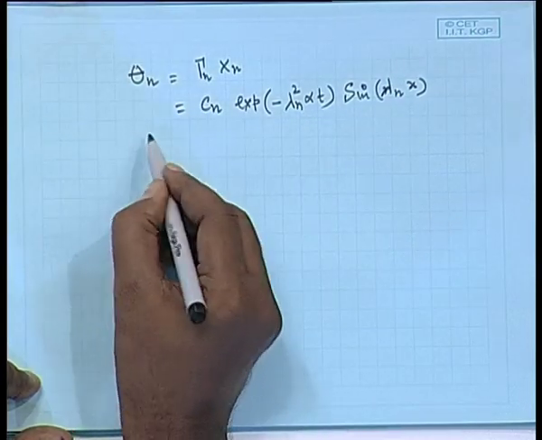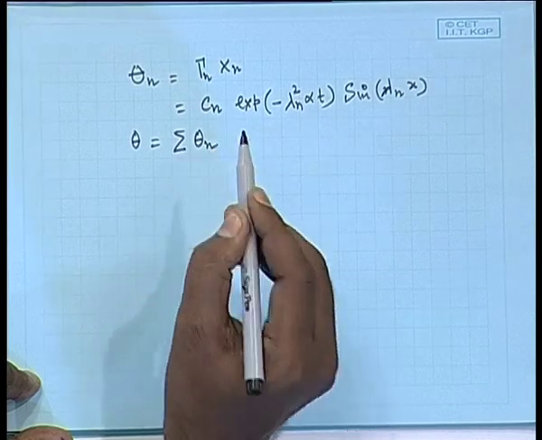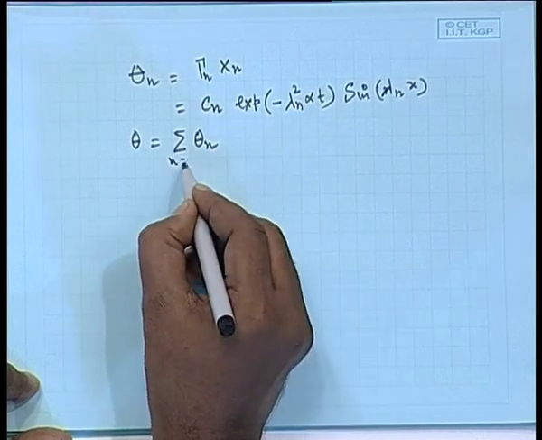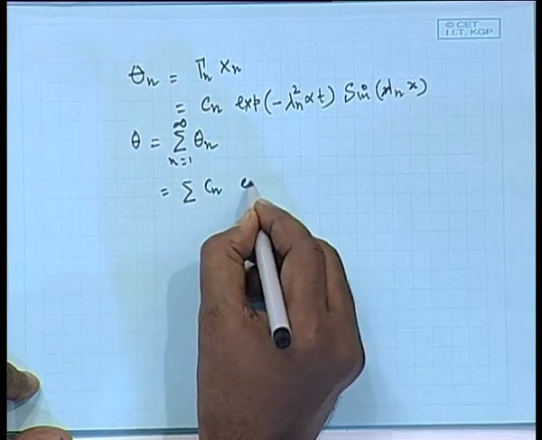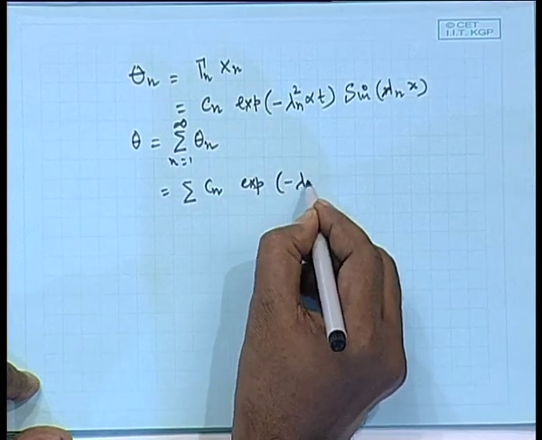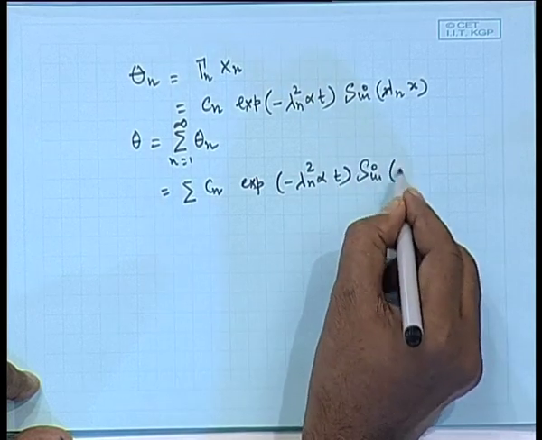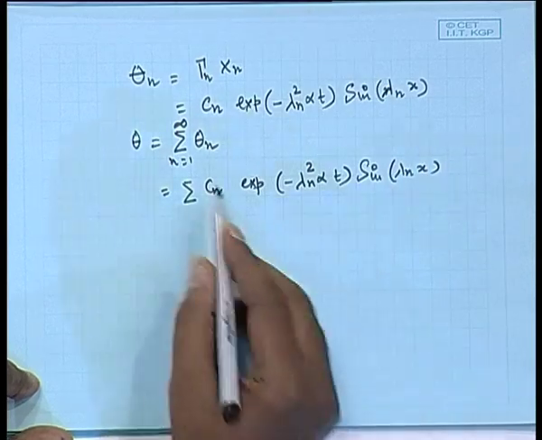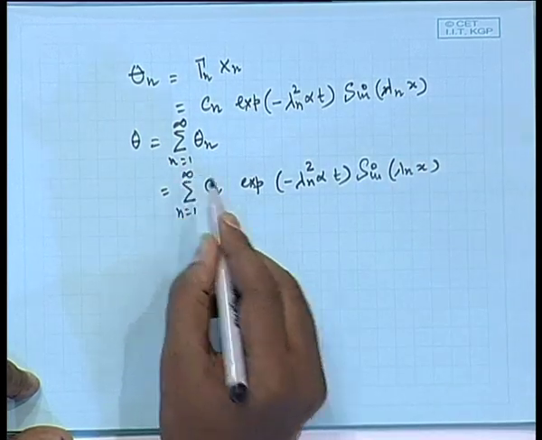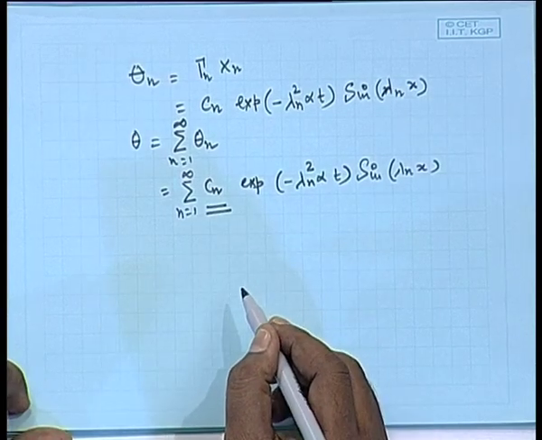Now the overall solution can be constructed by superposing all the solutions, n equal to 1 to infinity, summation Cn exponential minus lambda n square alpha t sin lambda n x. Now what is left is the evaluation of this constant Cn, which will be obtained from the initial condition.